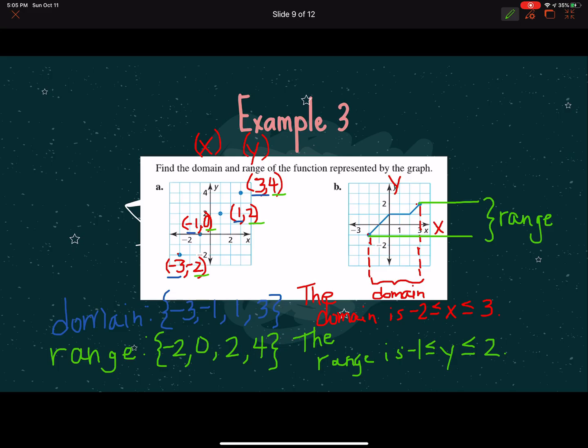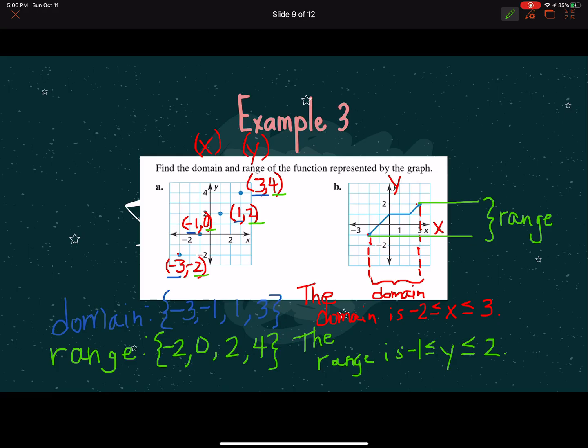So anytime our line or our points are connected with a line, we're going to use comparison symbols, just for the purpose of not having to list every single value that would be found between those where they are connected. Part A in example 3, those aren't connected, so it's not extending. That's what we call a discrete graph.